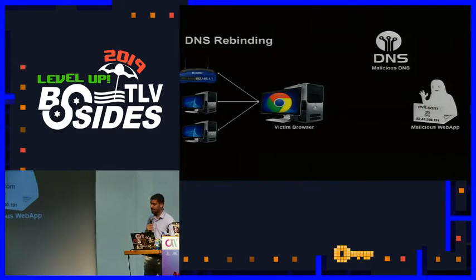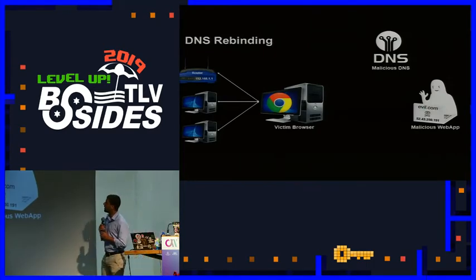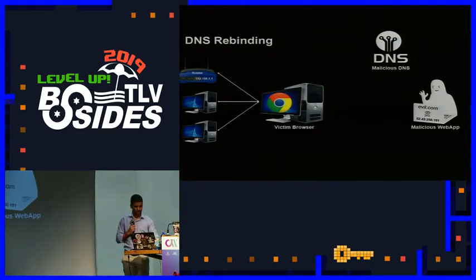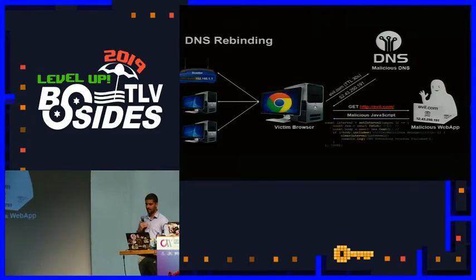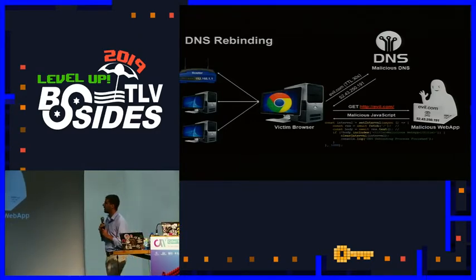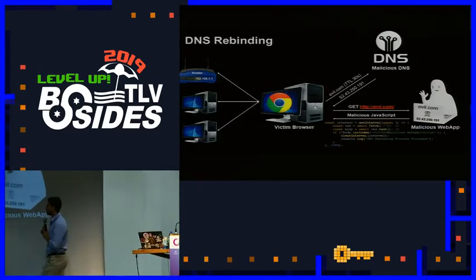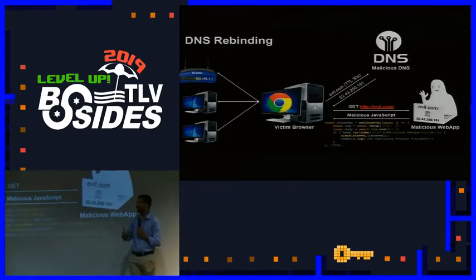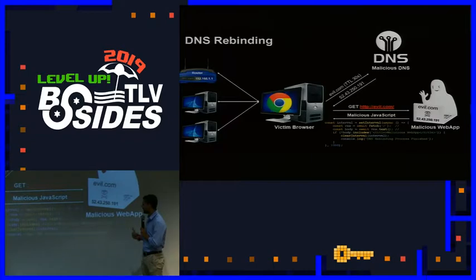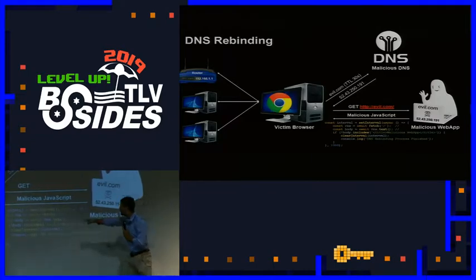So let's illustrate the process, and we will explain how it works. First of all, we send a request to the evil.com domain and get our server IP. When we get the server IP, we send a GET request that retrieves our malicious JavaScript code, and you can see that this code just calls itself every 1 second until the title has been changed.